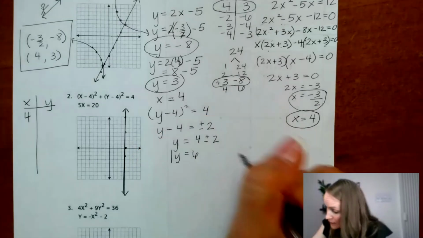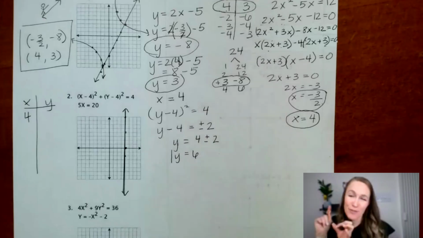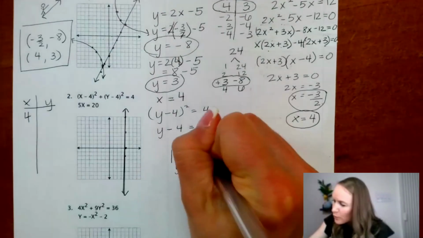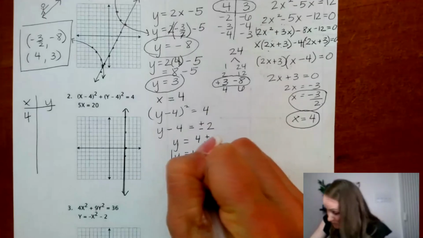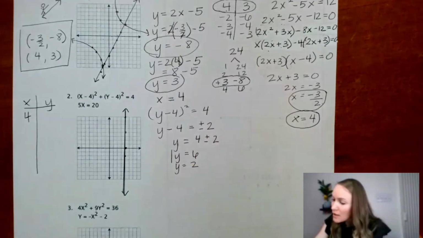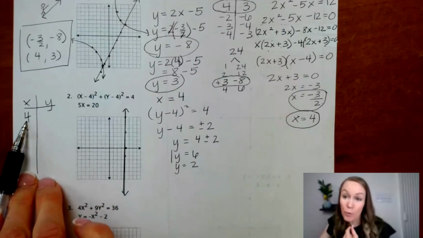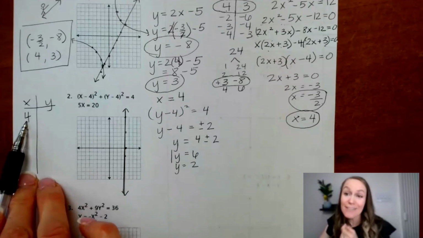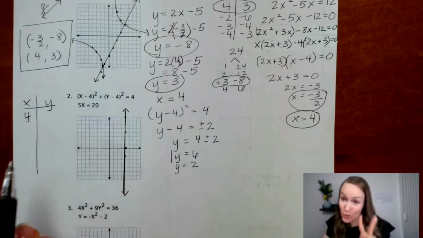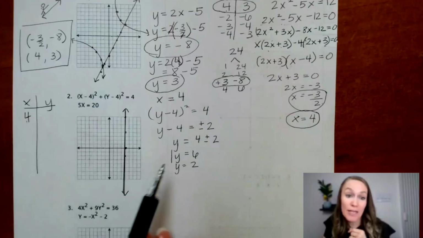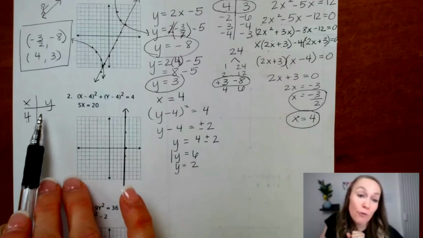And then I was going to box it, but then I realized I don't want to do that quite yet. And then I have y equal to 4 minus 2, which is 2. Okay, so what does this tell me? At the point x equal to positive 4, I have two solutions. I have the point 4 comma 6 and the point 4 comma 2.